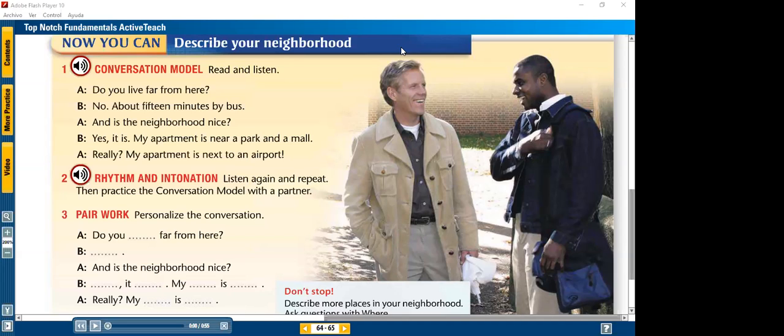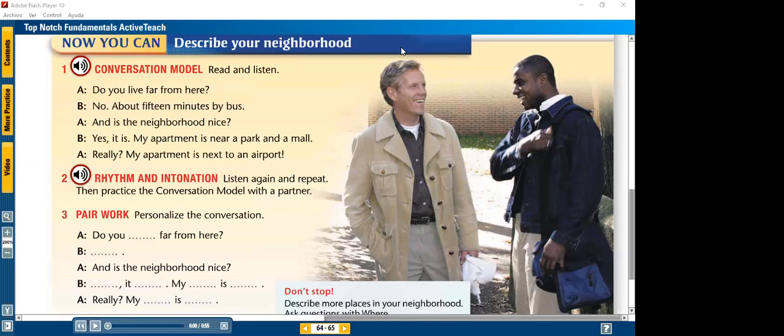Y luego dices por aquí, y me dijiste, yes it is, my apartment is near, okay, is near what? ¿Cerca de qué está? Museum. ¿Cómo?